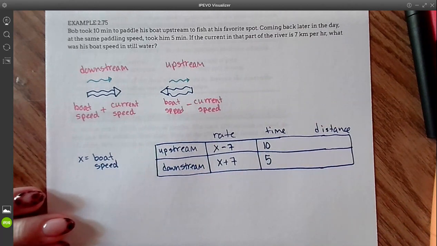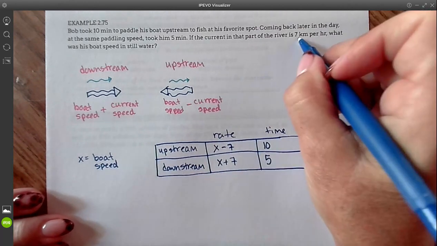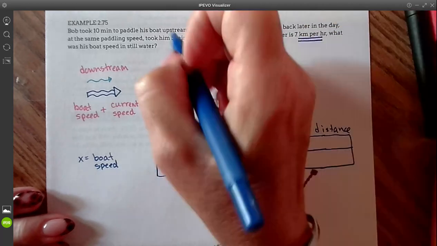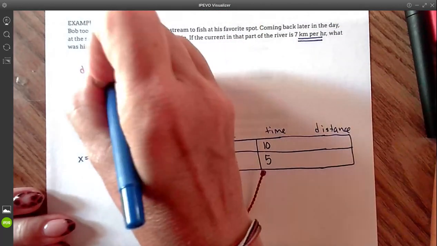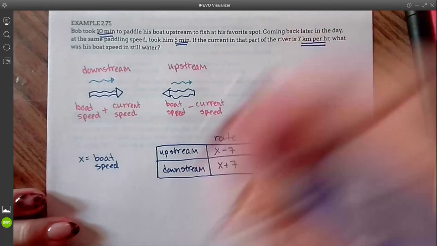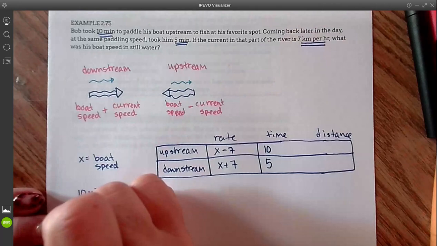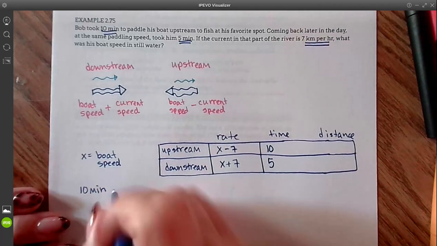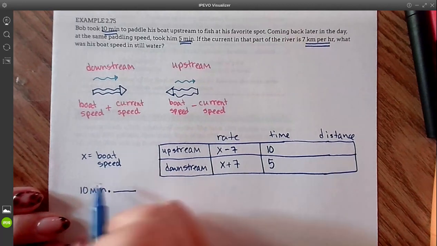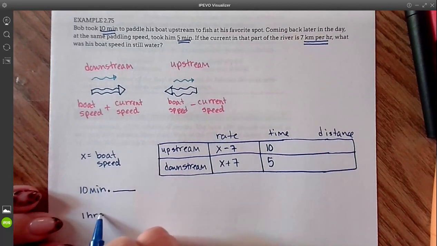Now, one thing you may have noticed is that the units here are kilometers per hour, and the units for our time is in minutes. So I'm going to have to change my 10 minutes into hours. So here's what I know about my conversion factor. I know that 1 hour equals 60 minutes.